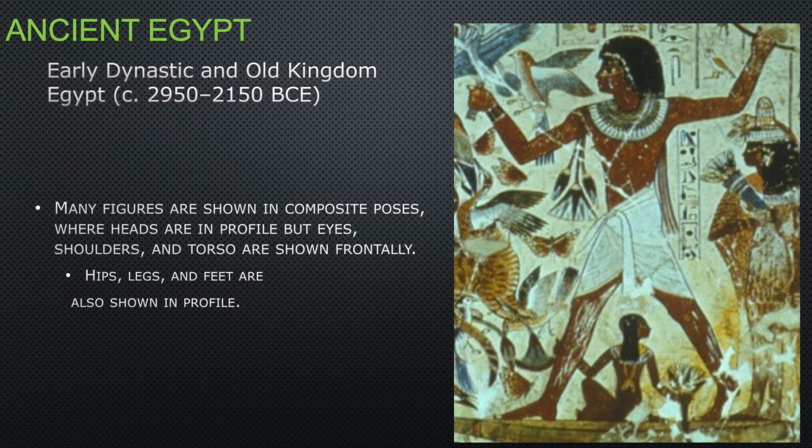So here's a figure from a tomb painting, and I'm just showing you this now because it echoes what we just saw in Narmer's relief carving of his body. This is the Egyptian style, to show this composite view, this composite pose of profile, frontal, profile.